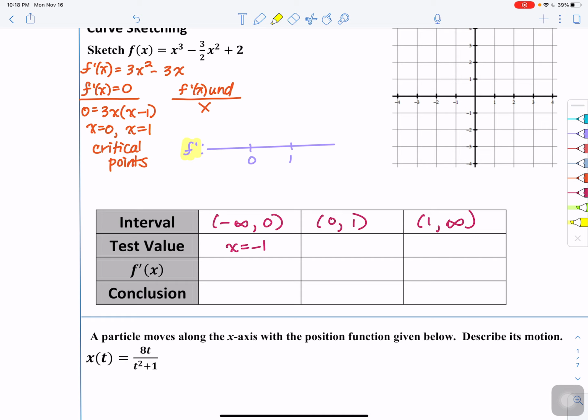But what I like to do is also go ahead and write that derivative down here so I know what I'm plugging these values into. So we have f prime of x is equal to 3x times x minus 1. And I really like the factored form because we don't really care what these function values are. We just want to know, is f prime of x positive or negative?